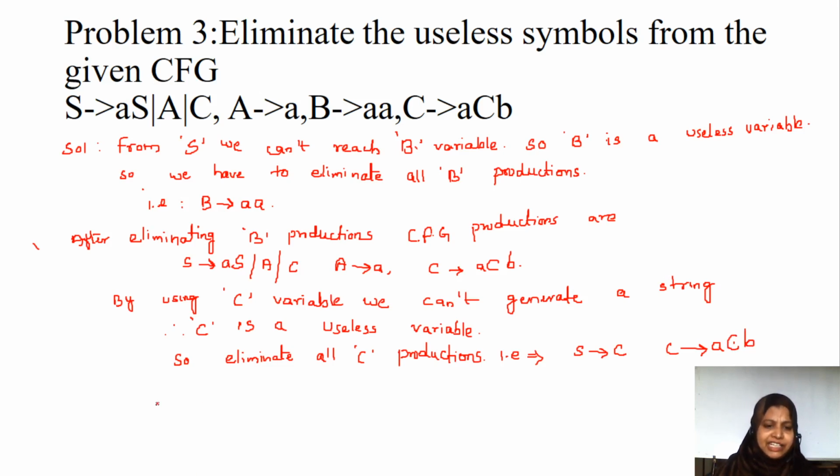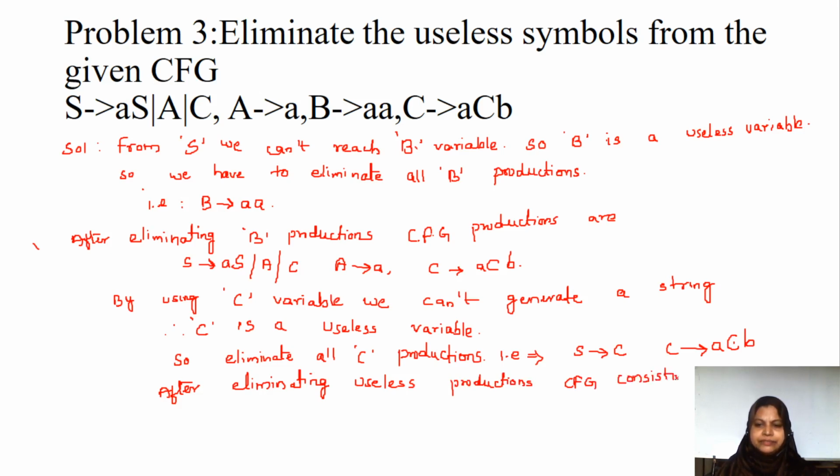After eliminating the useless productions, the CFG consists of S tends to A, S and A tends to A productions.